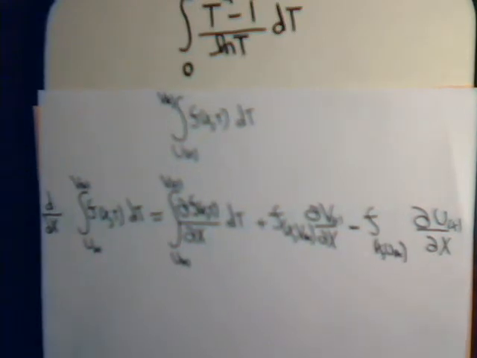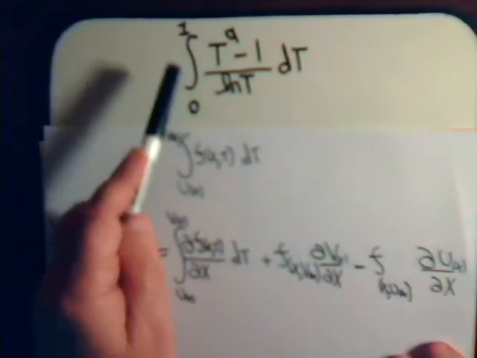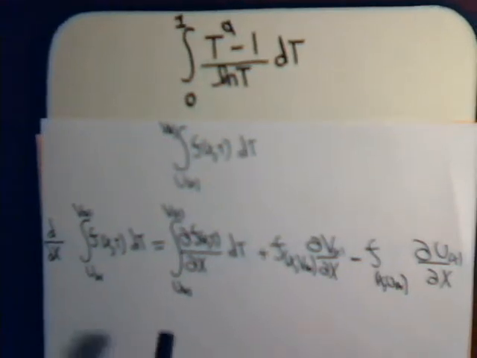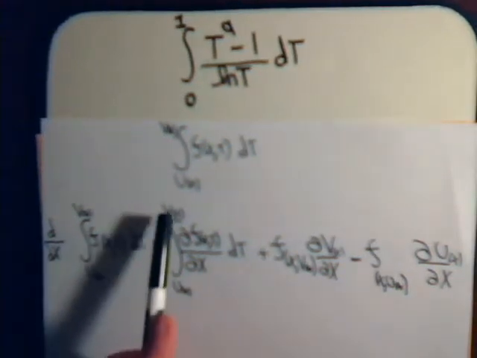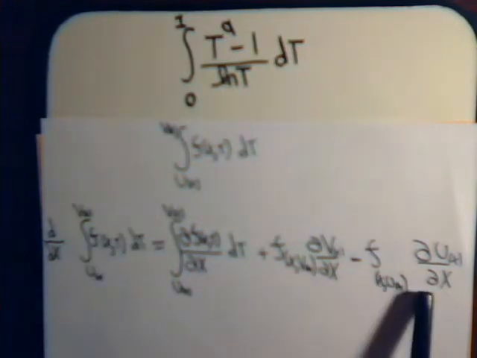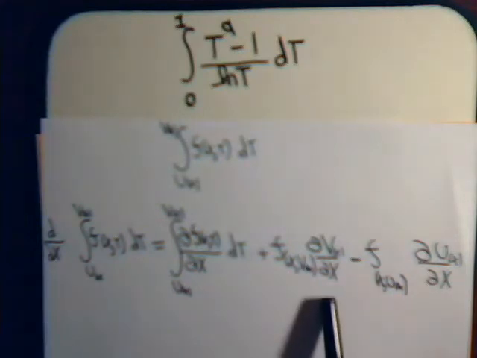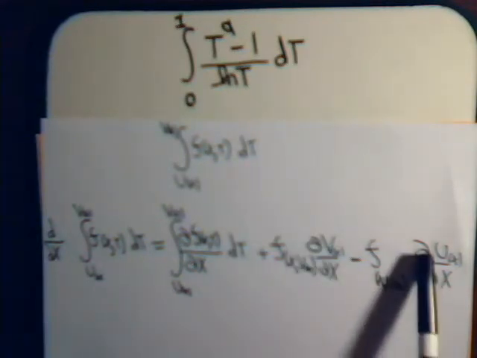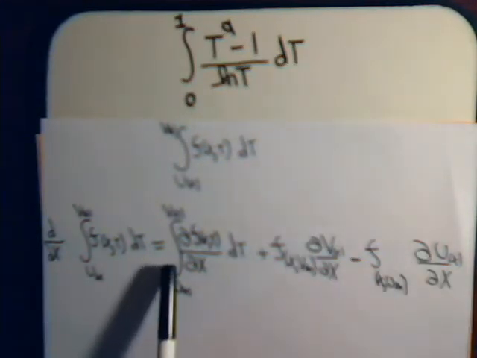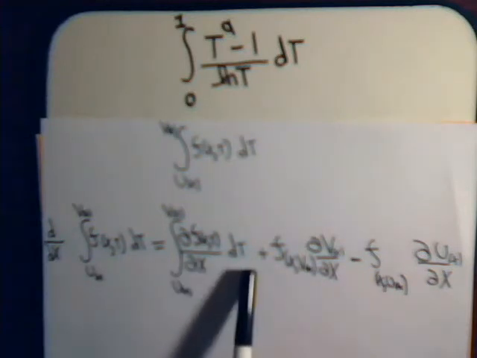We're going to apply it to this problem. Fortunately, the limits that we have are both constants. In the most general formulation for the Leibniz rule, we have functions as limits. That's why we have this term and this term. Well, if we have constants, then that derivative is 0, that derivative is 0, and we only have this term to deal with.